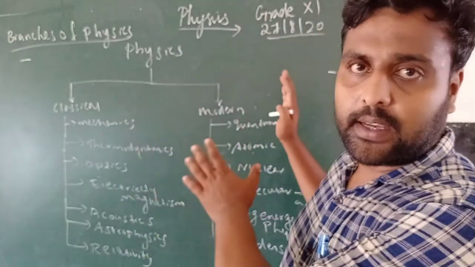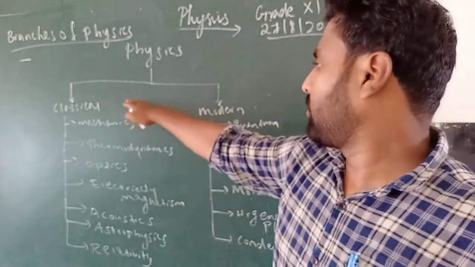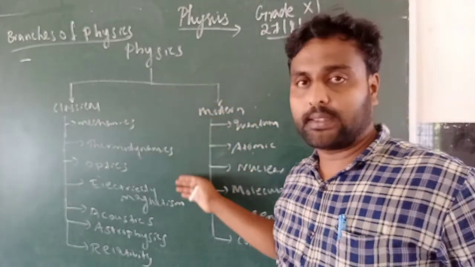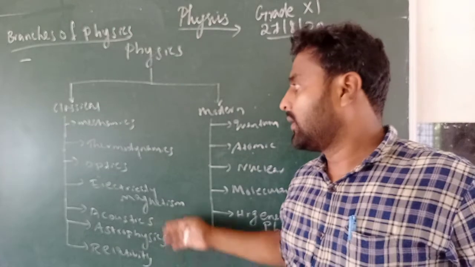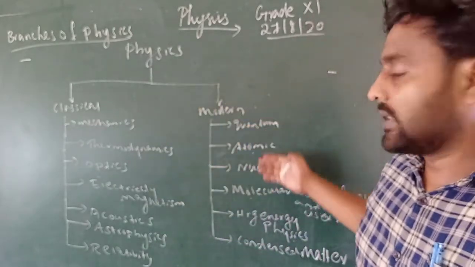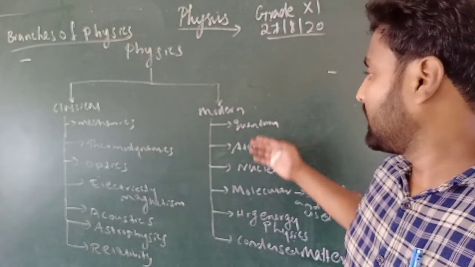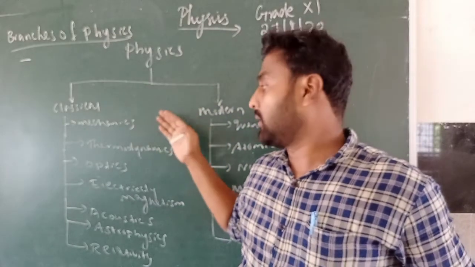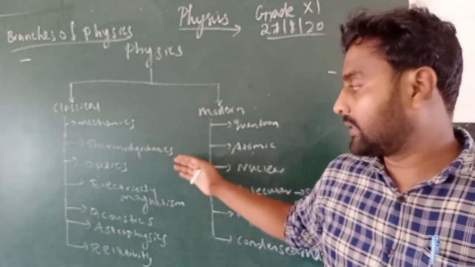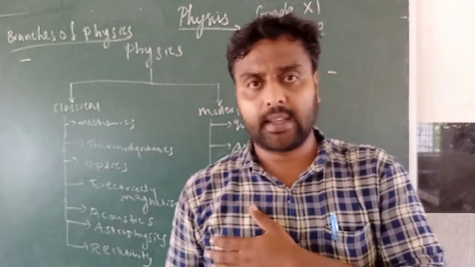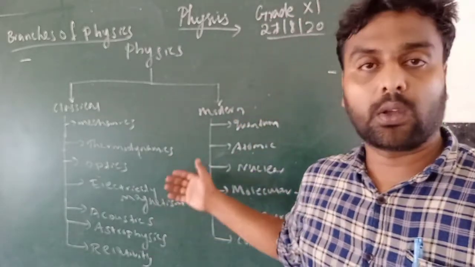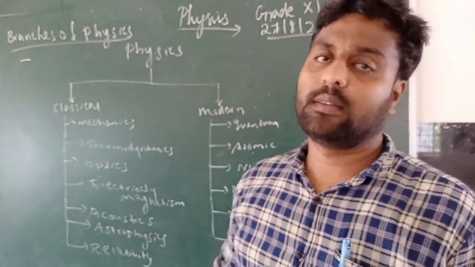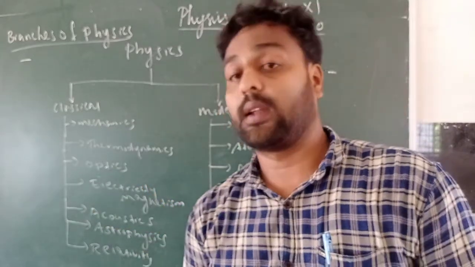So, physics can be classified into two: classical physics and modern physics. In classical physics there are some branches, and in modern physics also there are some branches. In classical physics: classical mechanics, thermodynamics, optics, electricity and magnetism, acoustics, astrophysics, and theory of relativity.